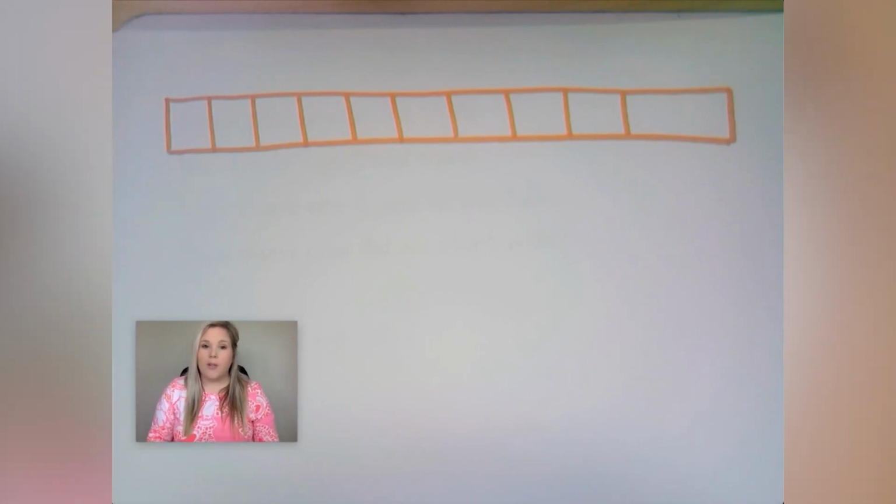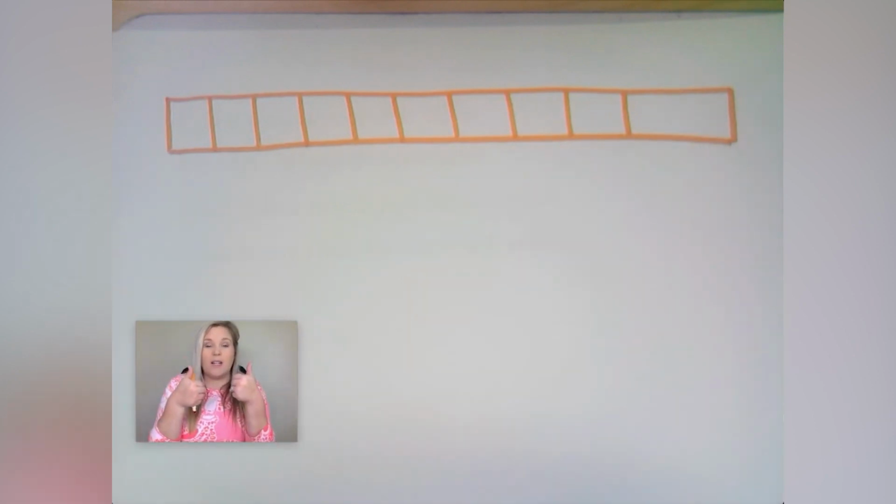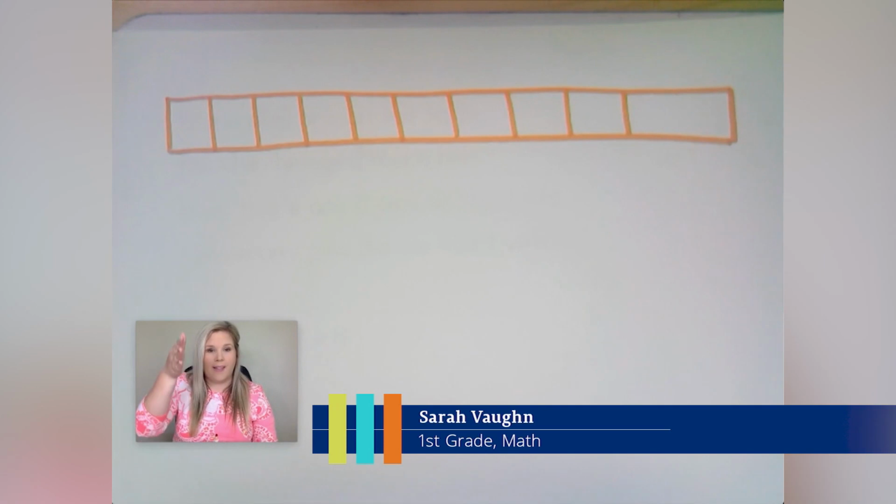Remember that your spaces don't have to be the exact same size and your lines don't have to be perfectly straight. As long as you get your 10 spaces, it's going to be perfect for today's lesson. You go ahead and draw your 9 vertical lines to create your 10 spaces.